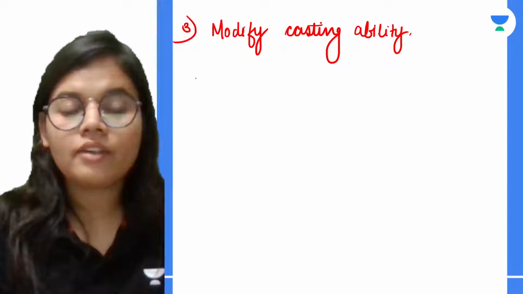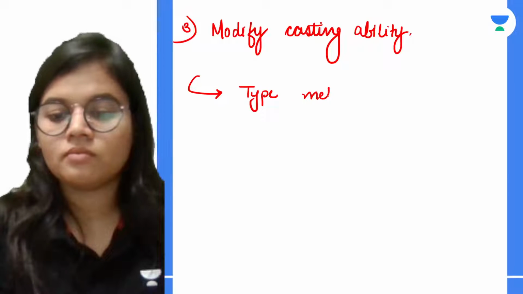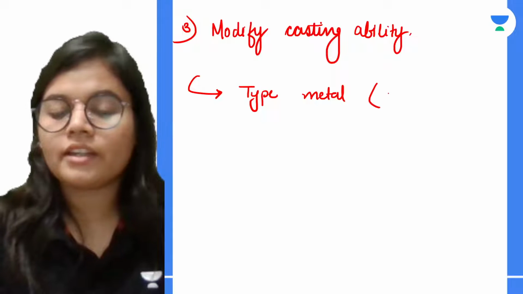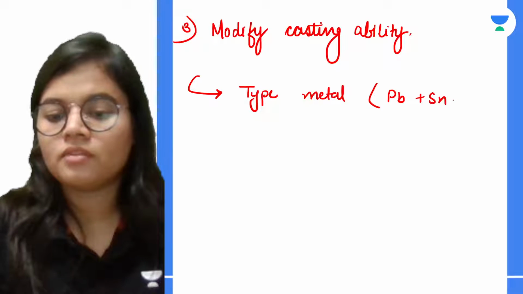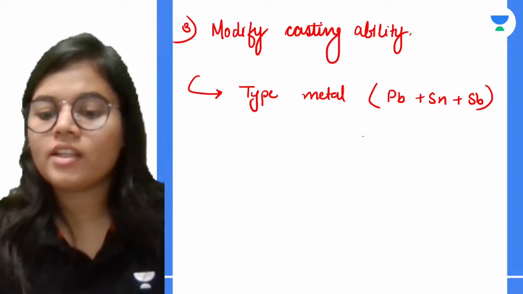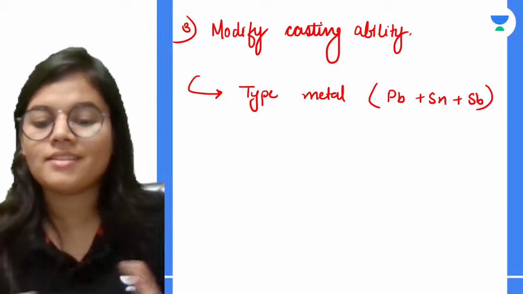Okay, now here we can take the example of type metal. Type metal is made up of lead, tin and stibium. So what is happening over here? As soon as it solidifies, it expands itself.